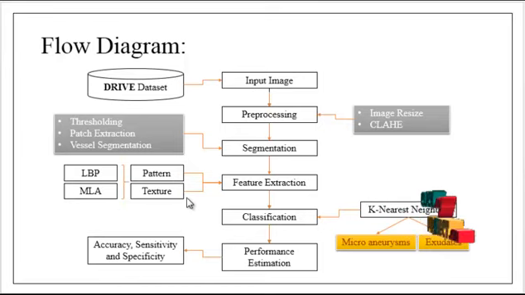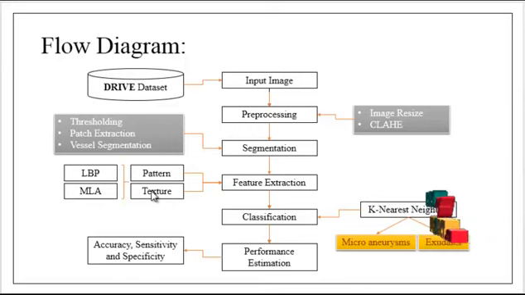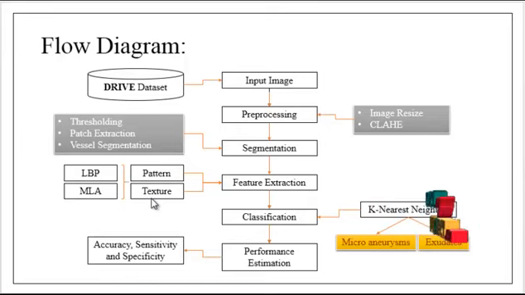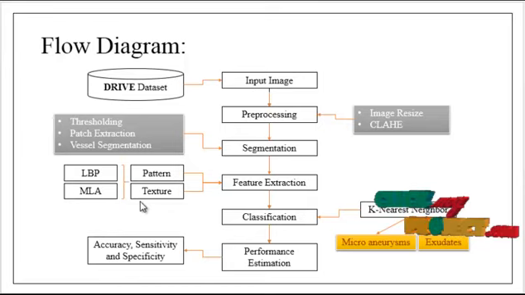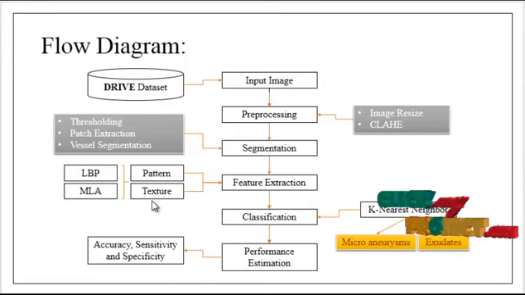The pattern is extracted by means of the local binary pattern, that is the LBP. After doing the pattern oriented features, we are going to extract the texture oriented features by means of the deep learning method MLA. After extracting these two features separately, we combine these two features to generate the test feature.